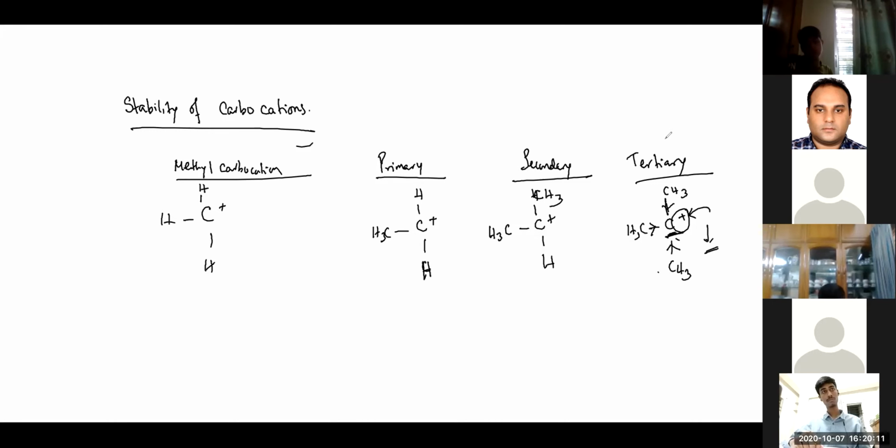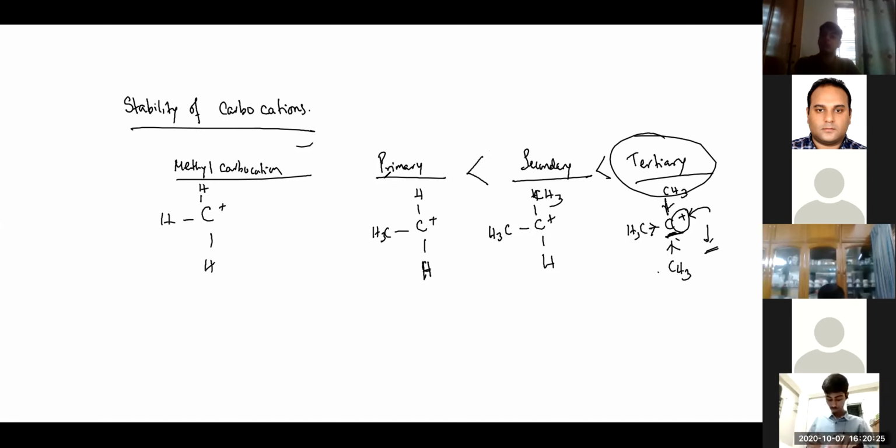As a result, tertiary carbocation is the most stable. Tertiary is more stable than secondary, secondary is more stable than primary, and primary is more stable than methyl.